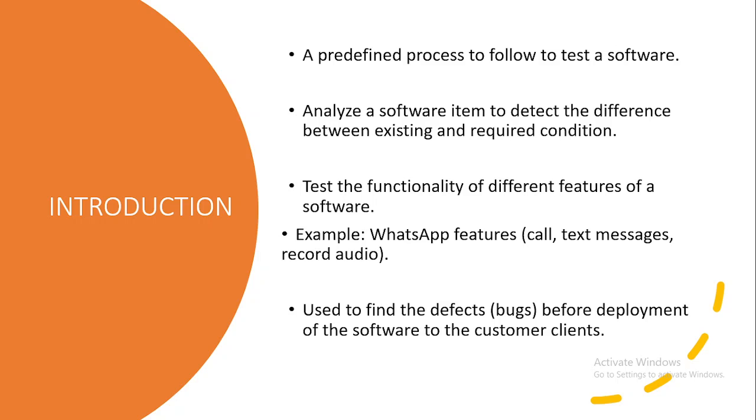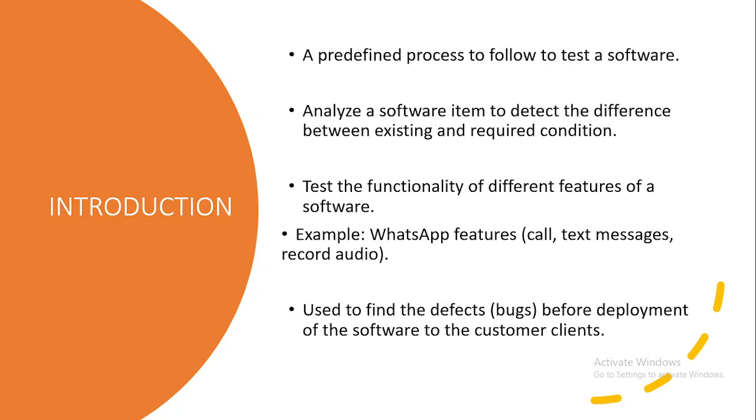So the testing team follows a predefined process to test a software, to see whether it is fit for use or not. The second point: when a software is being made, we have a customer, let's say he wants to make an e-commerce website.